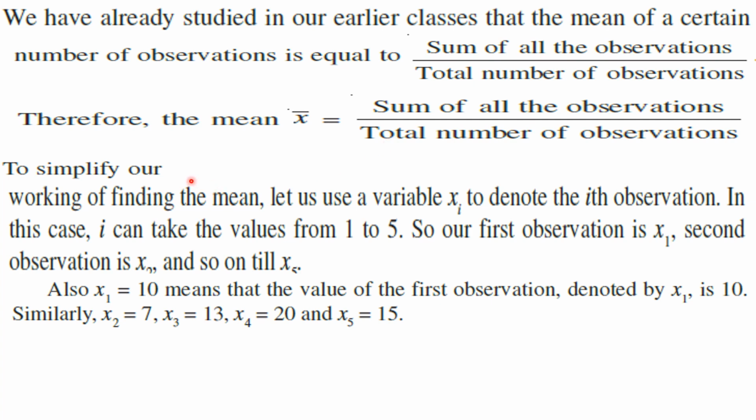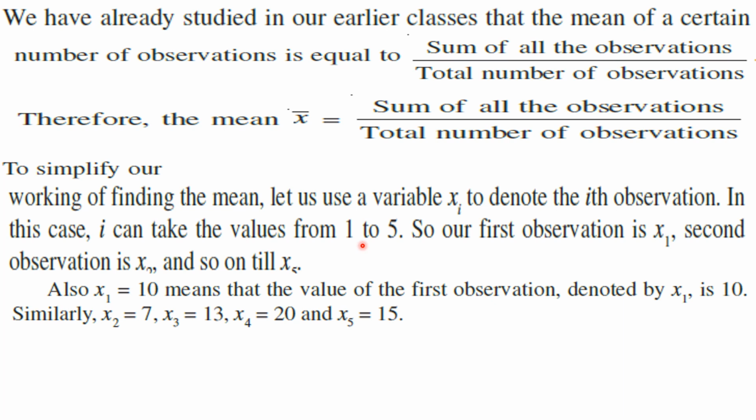Okay, my children, to simplify our working of finding the mean, let us use a variable xi. For our convenience, we are using a variable xi to denote the ith observation. In this case, I can take the values from 1 to 5. Suppose we are taking 5 observations.